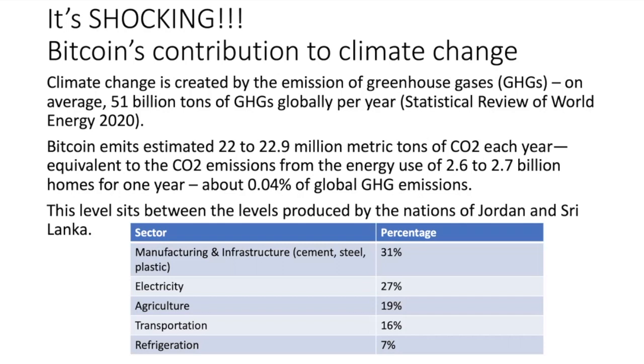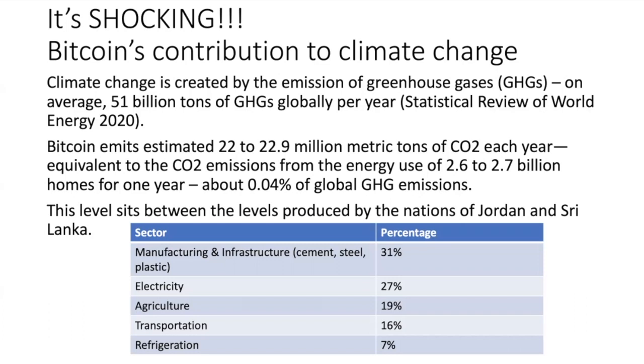Looking at it by sector, a variety of different sectors contribute to greenhouse gas emissions. Electricity consumption is only one of those major sectors. Manufacturing and infrastructure are actually the primary sector, with 31% of greenhouse gas emissions globally.